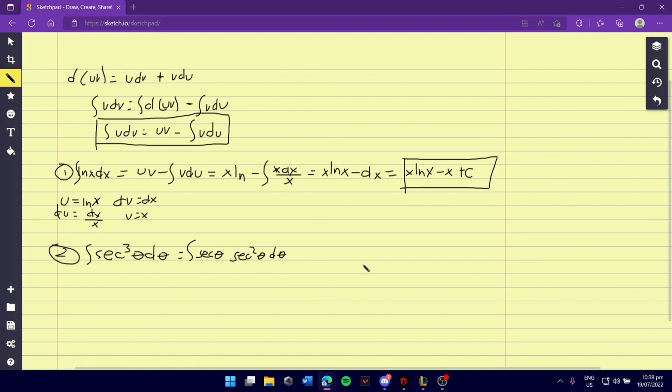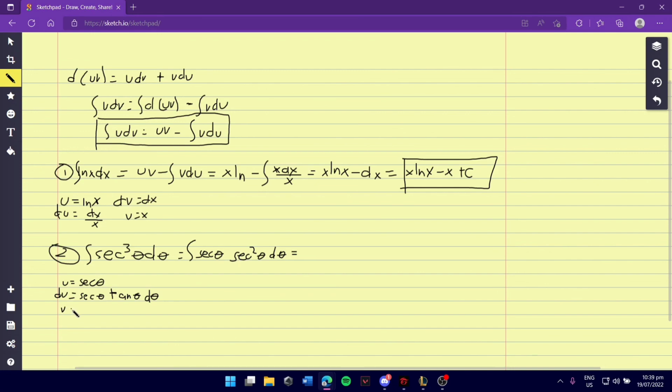Now we can use our integration by parts formula. Our u here is secant theta and our du is equal to the derivative of secant theta, which is secant theta times tangent theta, then multiply it by d theta.